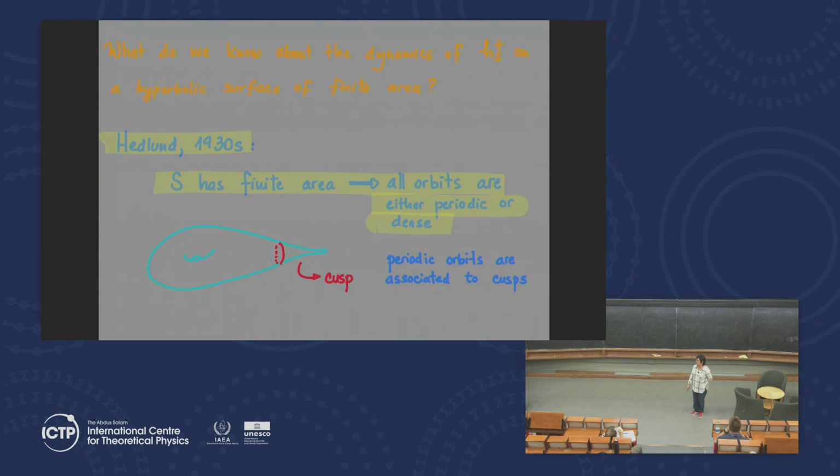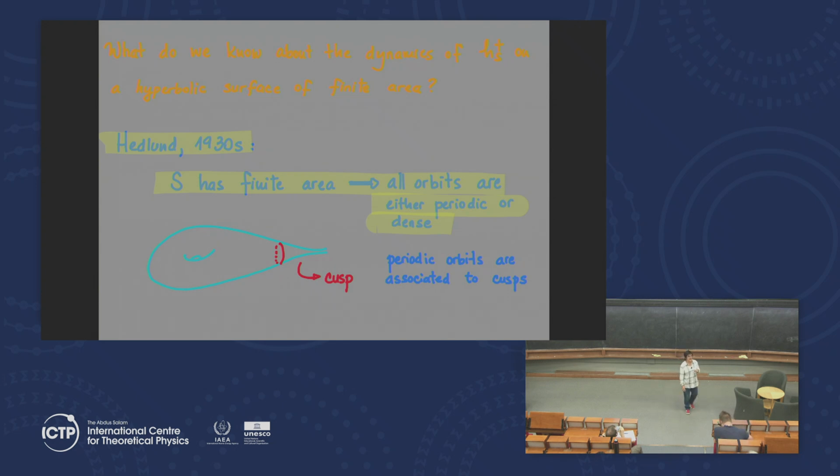So what do we know about the dynamics of the stable horocycle flow in hyperbolic surfaces of finite area? Well, we know many things. The first thing we know is this very important theorem by Hedlund, which will be particularly important for us today, that describes all orbit closures.